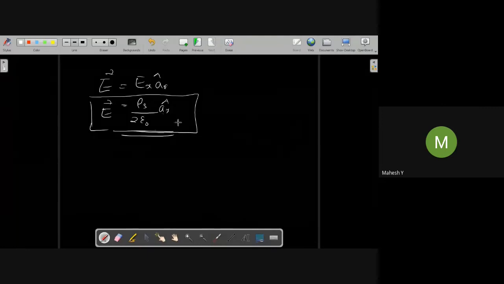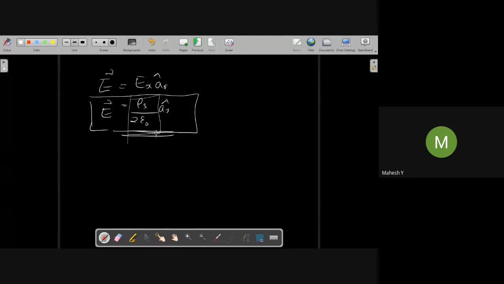So the distance is x, actually the point where we took is x. Does this value depend on x? No. So it is independent of distance, right? So electric field intensity due to a sheet of charge is a constant, because rho s is constant, epsilon 0 is constant, 2 is constant.